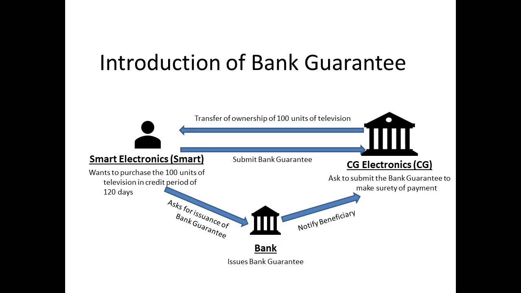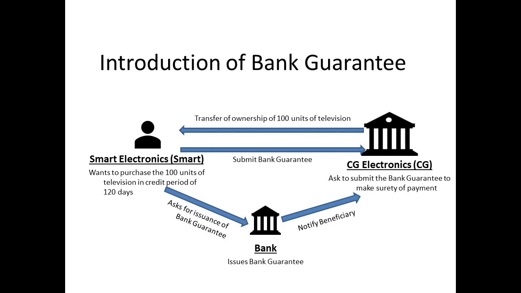In this case, CG can ask Smart to provide a bank guarantee amounting to $1 million with a validity of 120 days. Now, Smart asks its bank to issue the bank guarantee as per the requirement by offering some collateral and paying some commission. Then, the bank issues the bank guarantee and notifies CG.